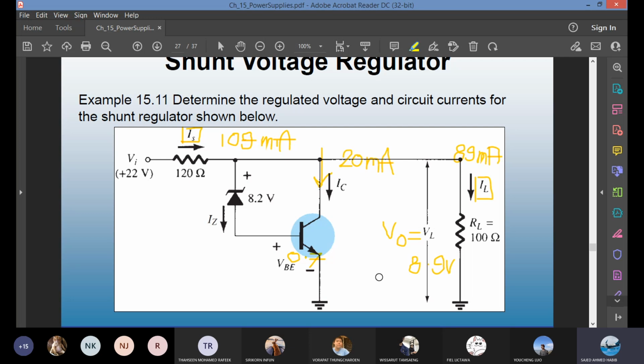This value is nothing compared to the main current 109, the load current 89, even the collector current 20 milliamp. It is at least 50 times less than the collector current. We can ignore this.